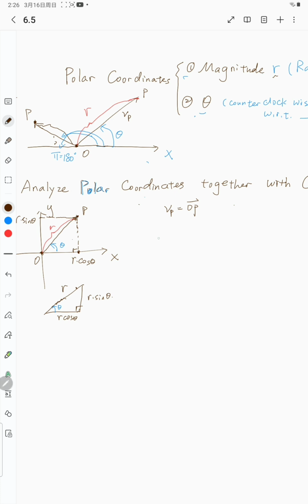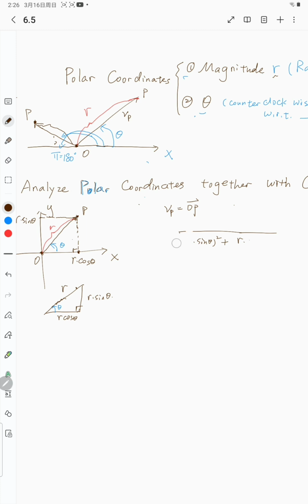So just trying a picture, we have R is equal to the square root of R times sine theta squared, plus R times cosine theta squared, right?